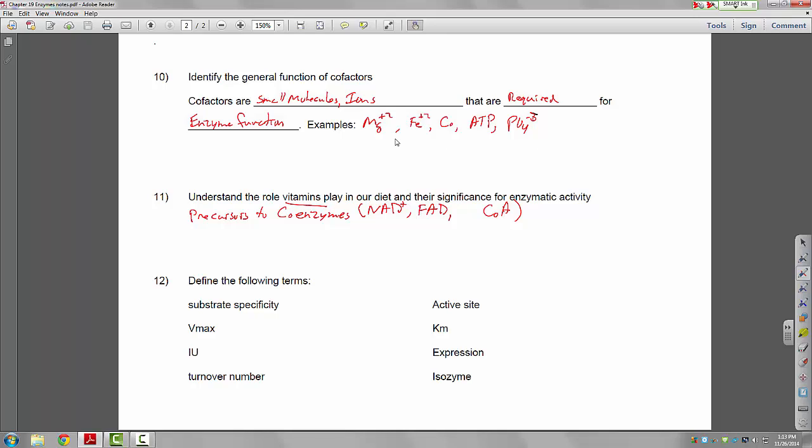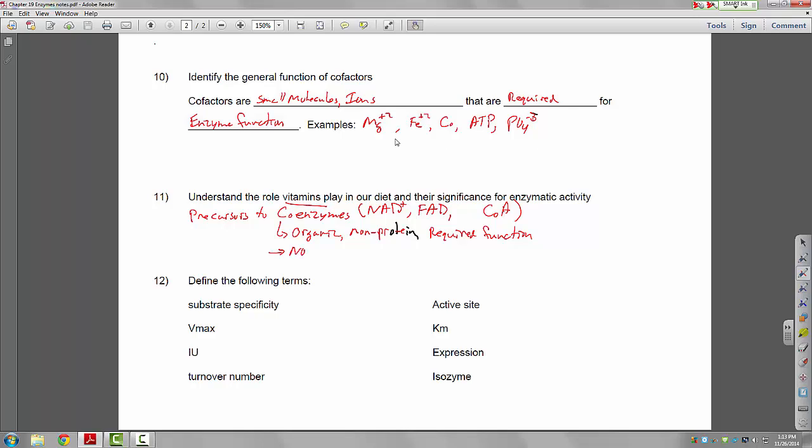So the key thing here is they're organic, non-protein of course. They're also required for function. And the reason I don't talk about this here is because they're really not enzymes. They're really more of a co-substrate.